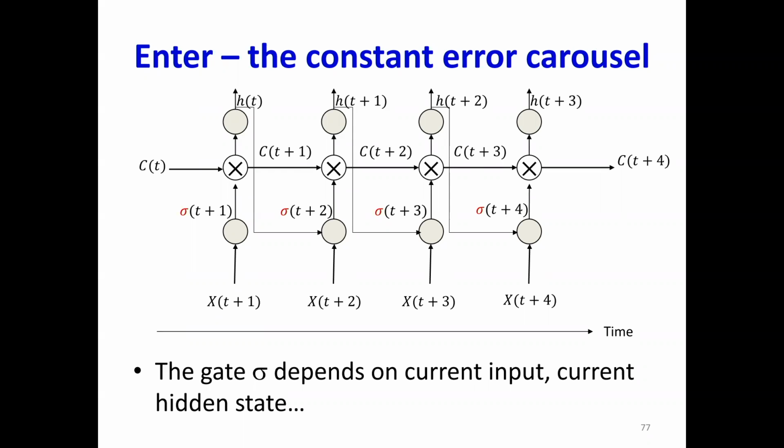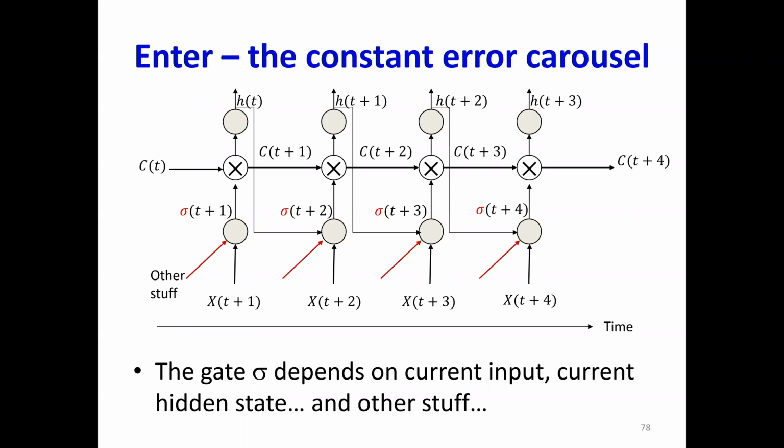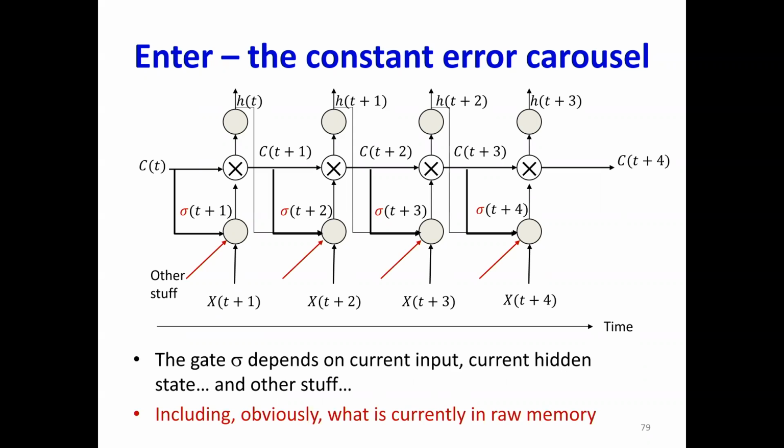Am I in a comment section or am I in actual code? So you want to look at a great deal of extra terms, including what's in memory, other stuff, and what's currently in the raw memory itself. All of these things must be taken into consideration to decide if the gate is going to modify the value or not.